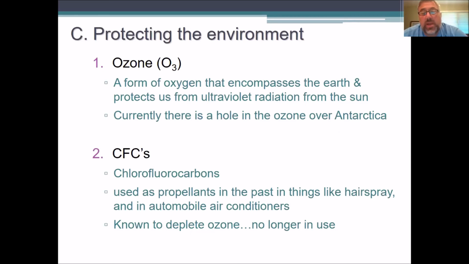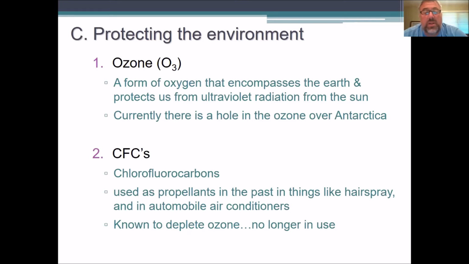And basically what happens is the harmful ultraviolet radiation is reflected back out into outer space, or absorbed by the ozone. And so the problem is our ozone layer has been damaged. It's been damaged by stuff called chlorofluorocarbons, or CFCs, and hydrofluorocarbons, or HFCs.